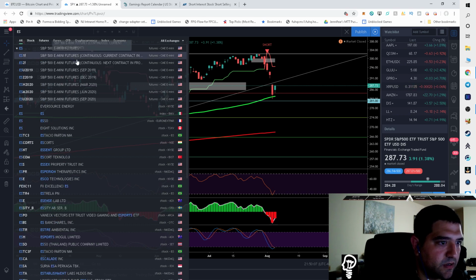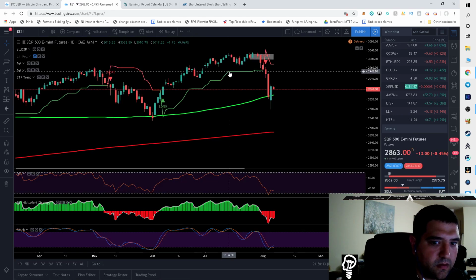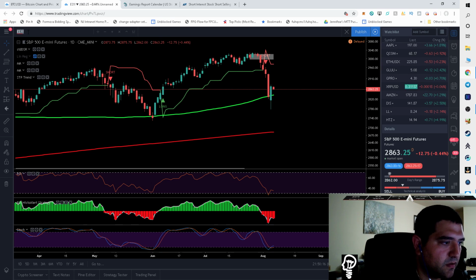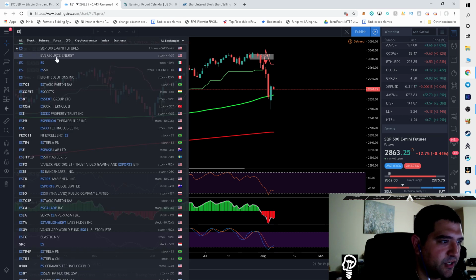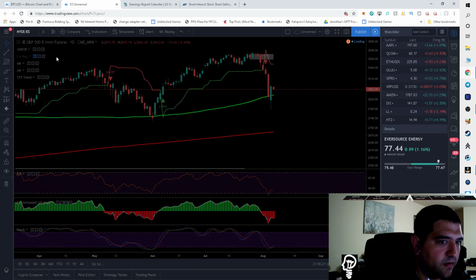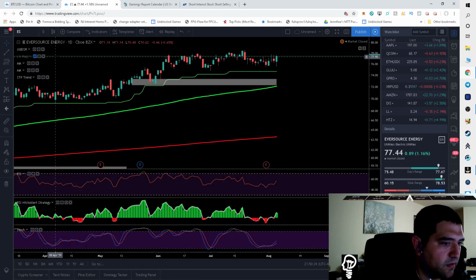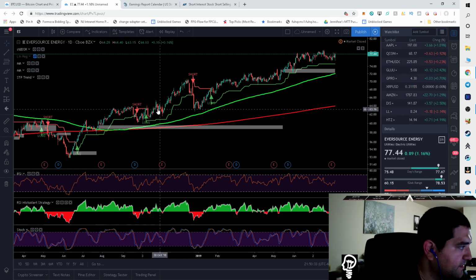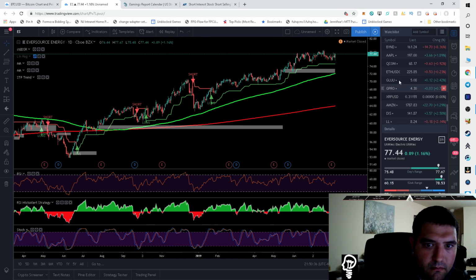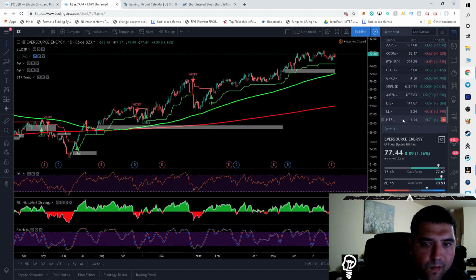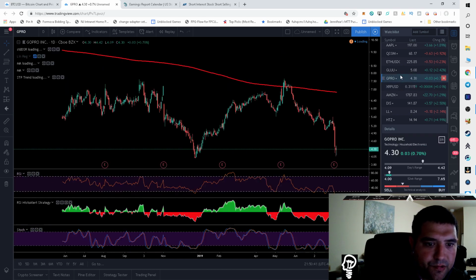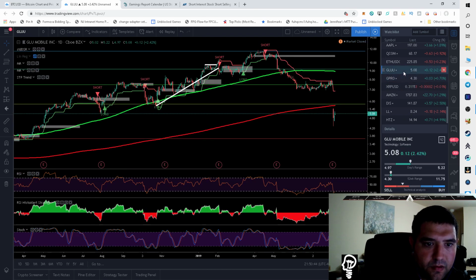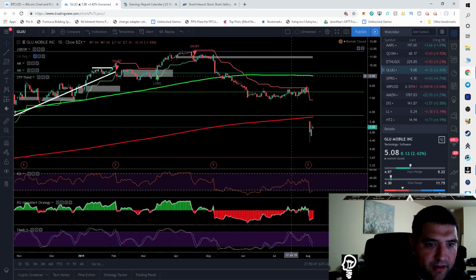The futures. Okay. Or Eversource Energy, or what am I looking at here? Coinbox, what do you got? Glue got so wrecked on earnings, man.